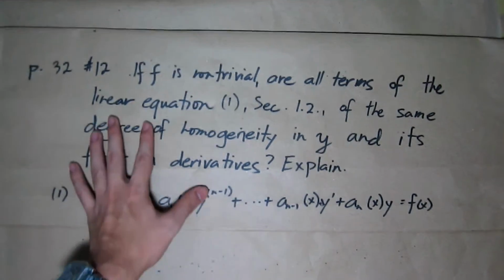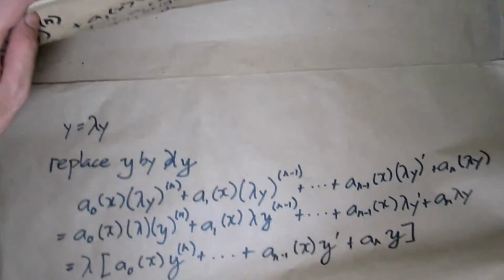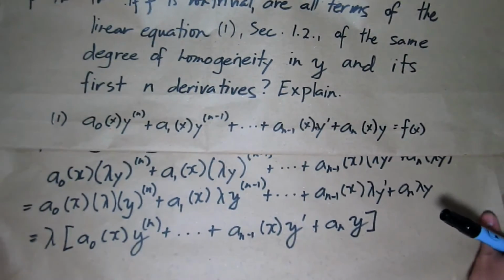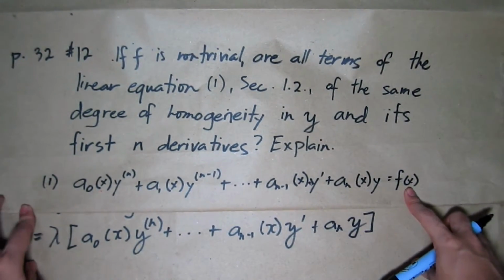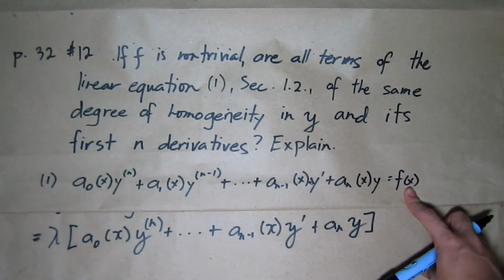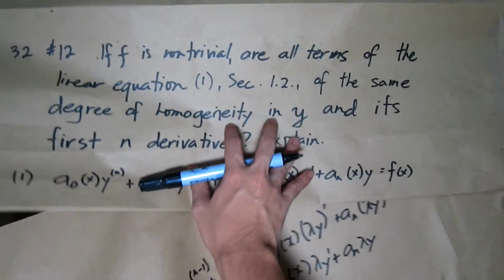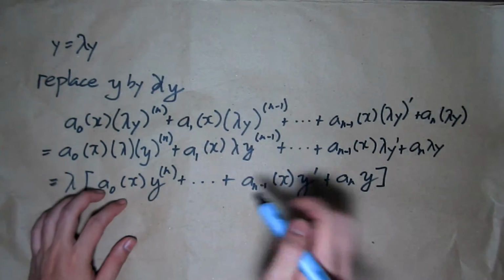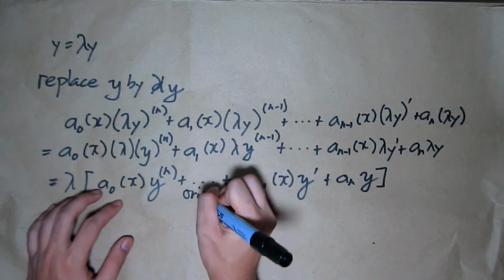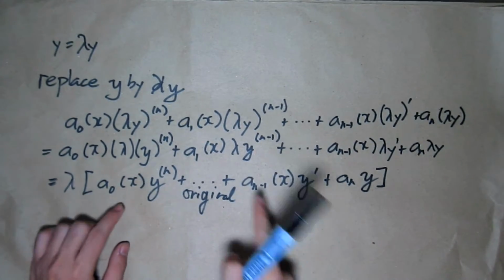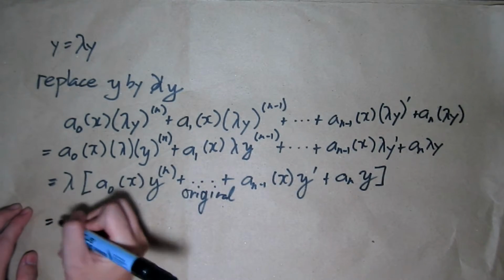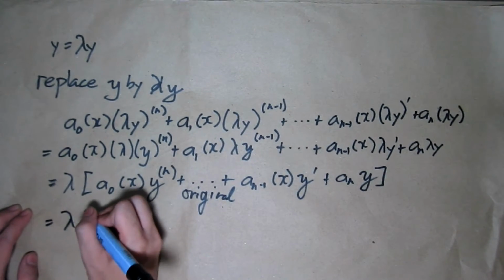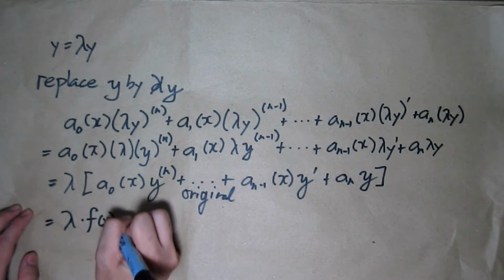See? It's just the same as the original. So emphasize this, that this is the original, which is equal to f of x. So this basically just becomes lambda times f of x.